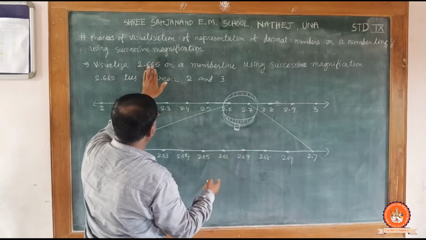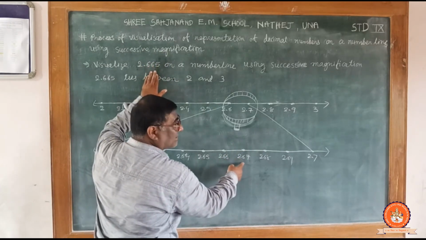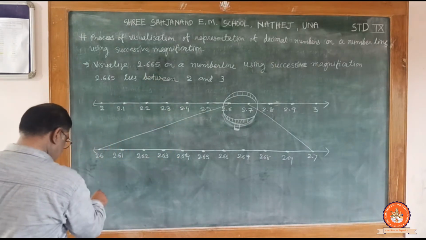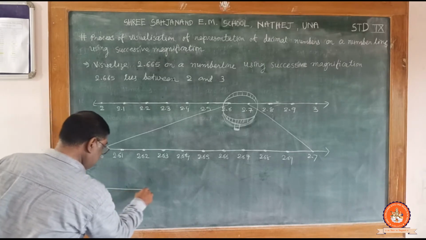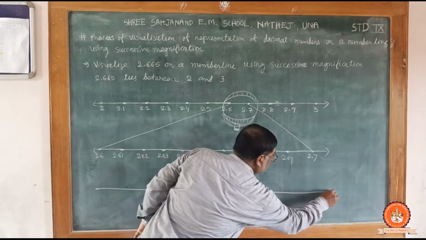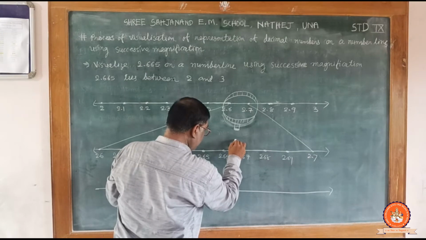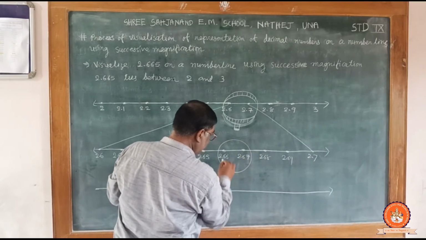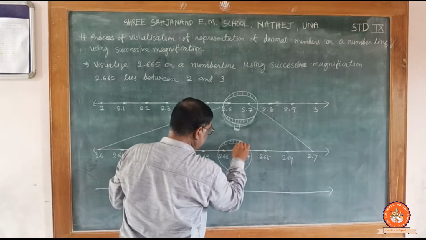So again we have to draw a number line of the same length. We have to magnify this portion using a magnifying glass.